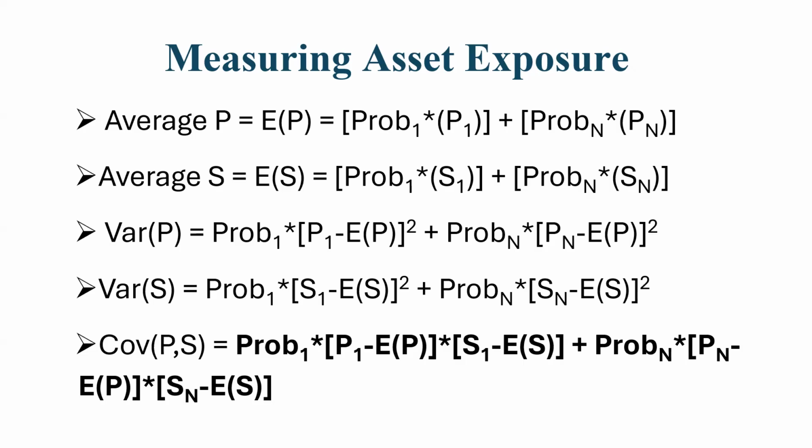Now, as far as the covariance of the asset value and the exchange rate, which measures the relationship between the two, rather than calculating the deviation and squaring, for each scenario, we calculate the deviation for the asset value for the first scenario, the deviation for the exchange rate for the same first scenario, multiply the deviations, and then multiply by the probability of that scenario occurring.